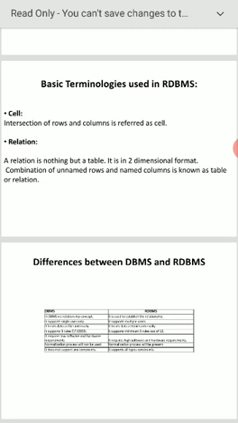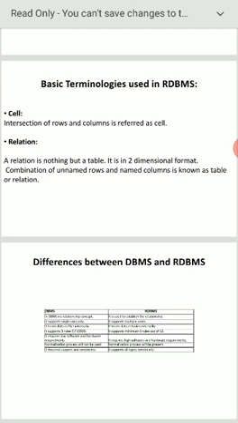Third one is that DBMS treats data as a file internally, not externally. Internally, whatever data is given, it will consider as a file. But RDBMS will treat data as tables internally.